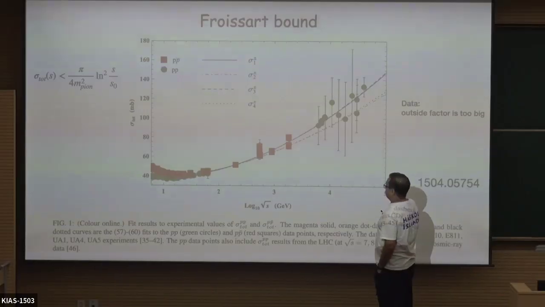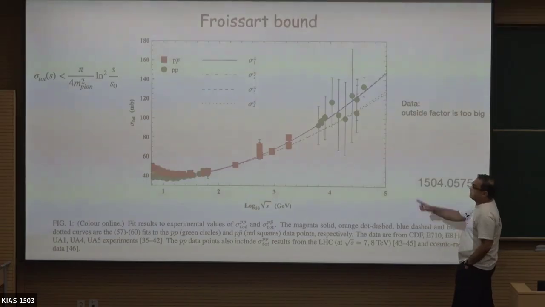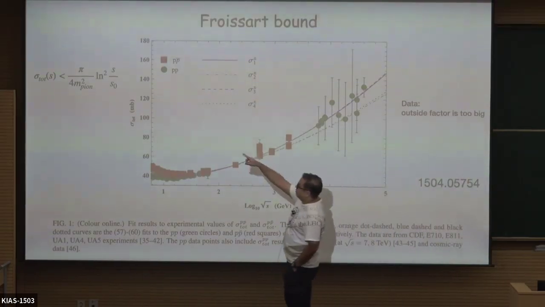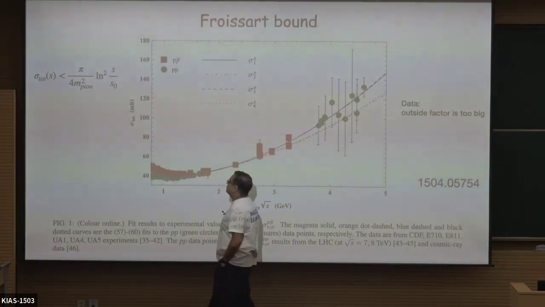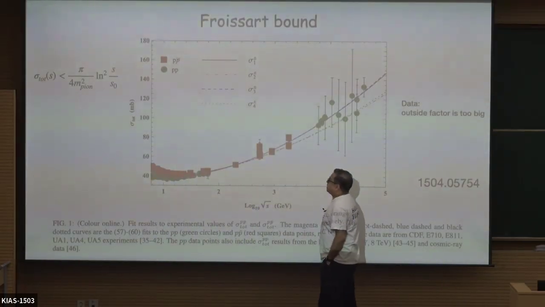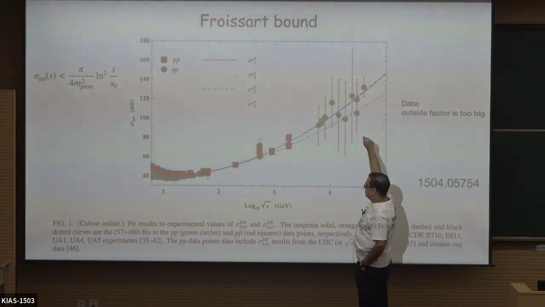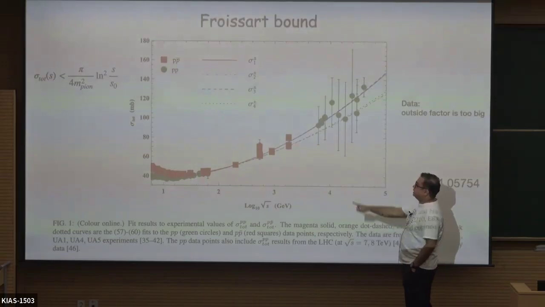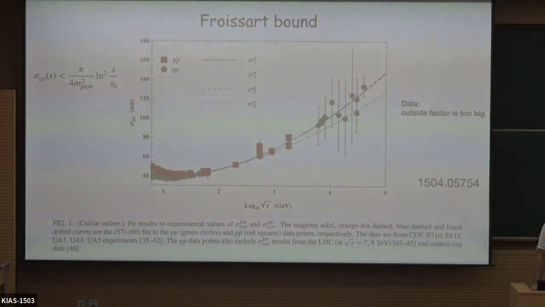The other important point that I want to say is that the bound has an outside factor of pi over 4 m_pion squared. If you naively try to match it or do some fitting with the existing proton-proton data, that outside factor is actually too large by a factor of 100.